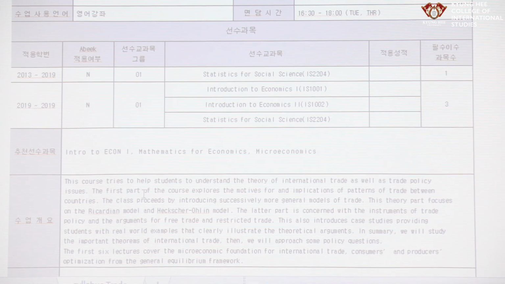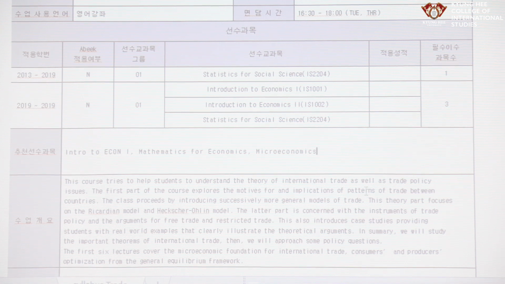Okay, the theory part explores the motives for and implications of patterns of trade between countries. Now think about what patterns of trade are. For example, why does Korea export manufactured cars to Australia and import Australian beef?